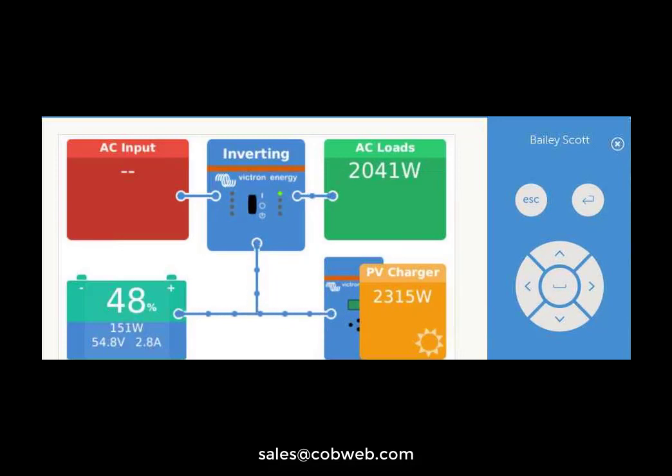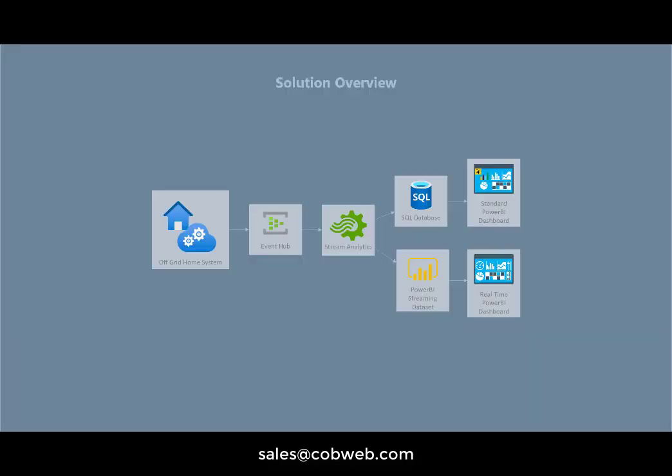So we analysed the solution and really thought about how we best do this. The off-grid system actually was a Linux derivative, and we were perfectly able to add a script that would post data to an API.